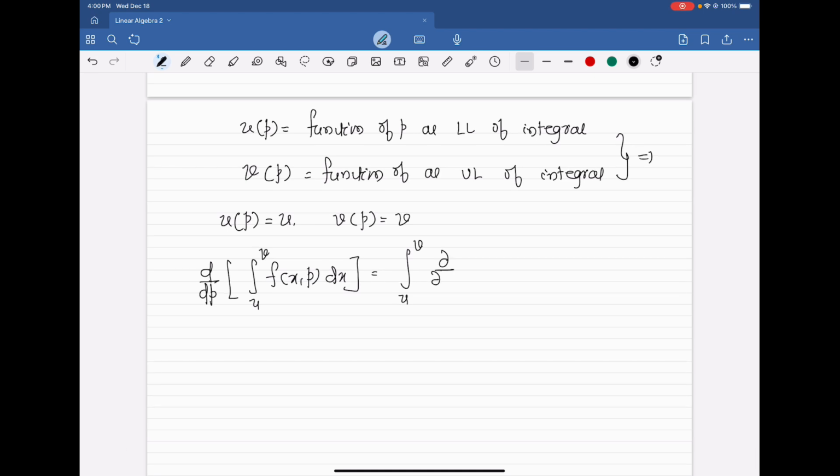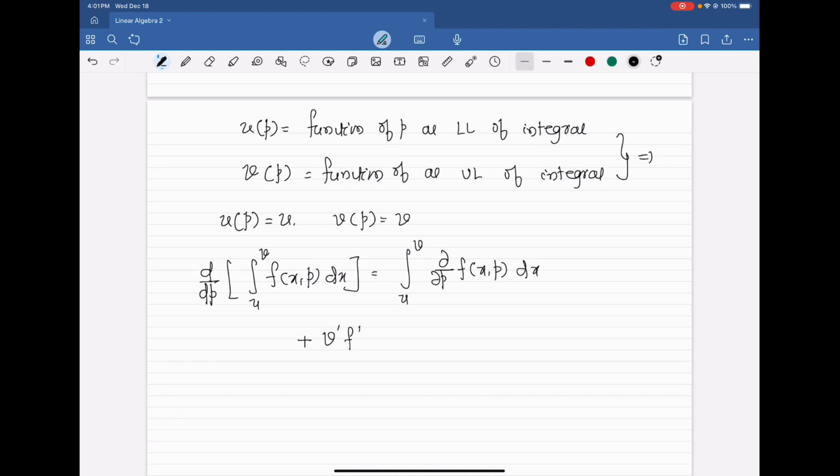Dou by dou p of function f(x,p) dx, plus V dash. I have removed the bracket p for simplification.